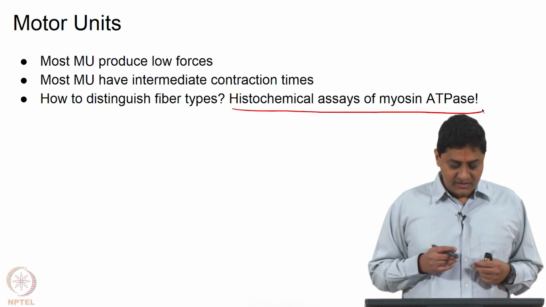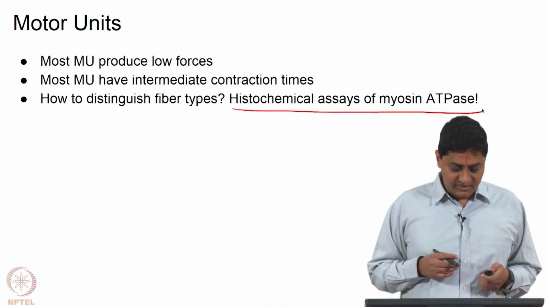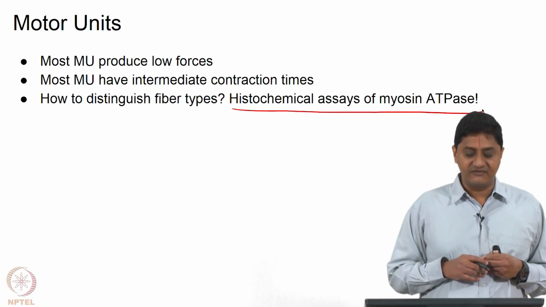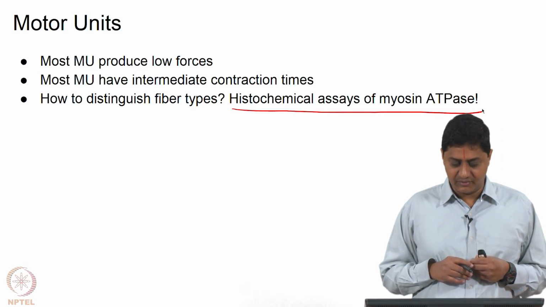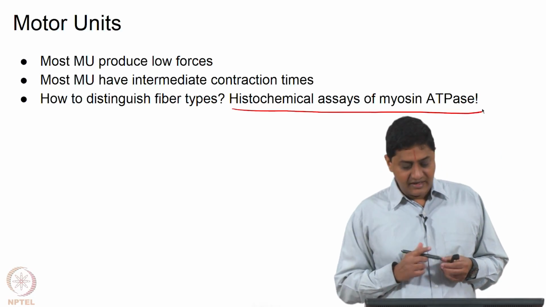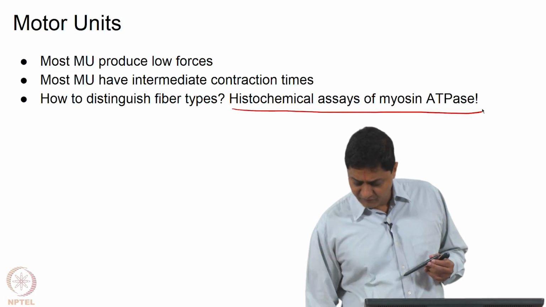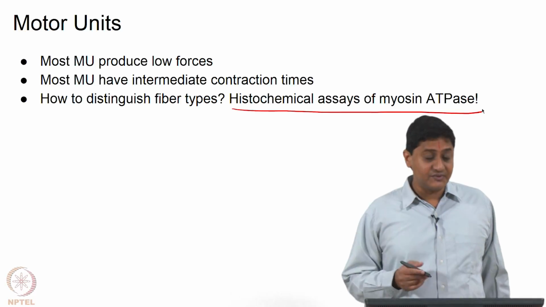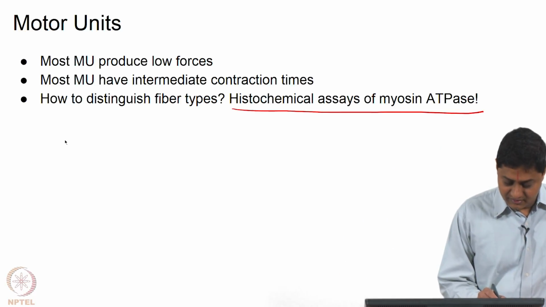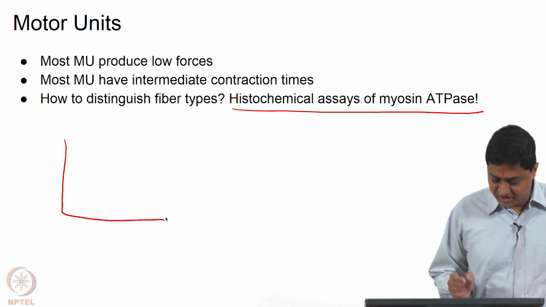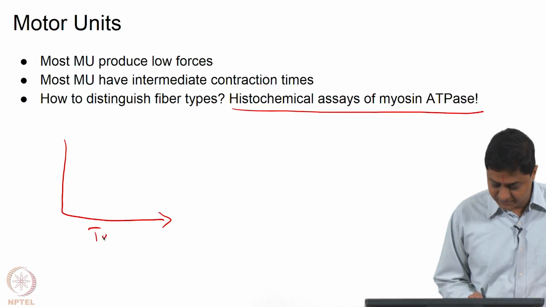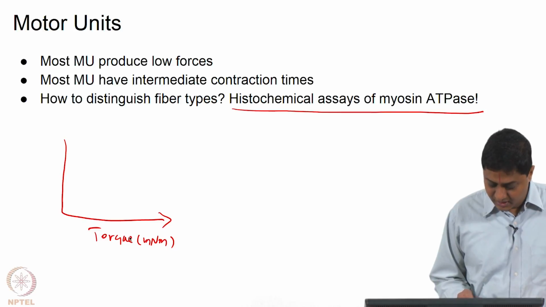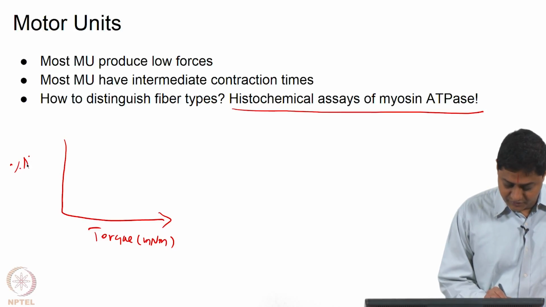Okay. So, what has been found is that most motor units produce relatively low forces and most motor units have intermediate contraction times. Suppose I were to draw a response as a function of torque in millinewton meter and the percentage of motor units recruited.